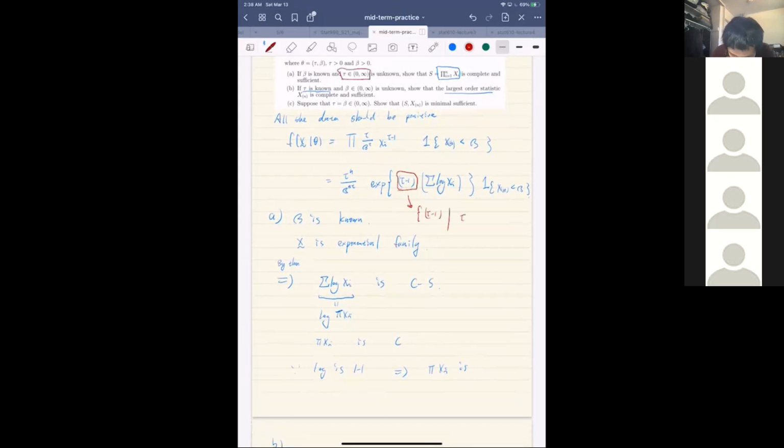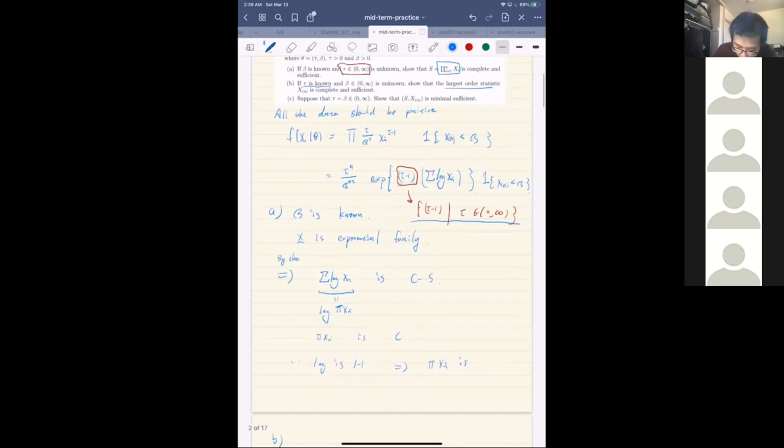So the parametric space is like this. You have to show this one contains an open set. So this is one dimension, so you should always contain an open set.